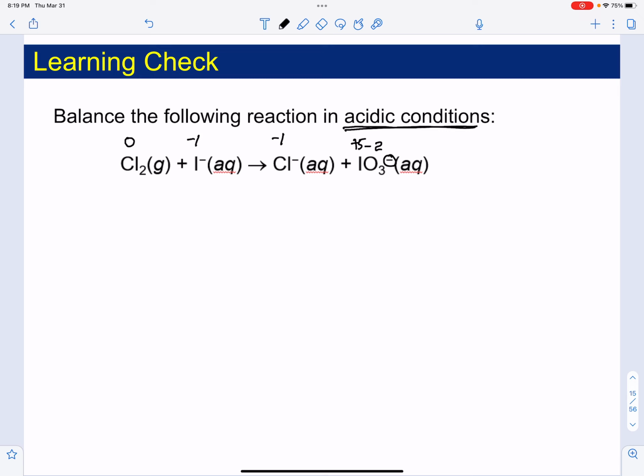So from here, we can see that the chlorine is becoming chloride, and the iodide is becoming iodate. And now all we have to do is balance each one of those.